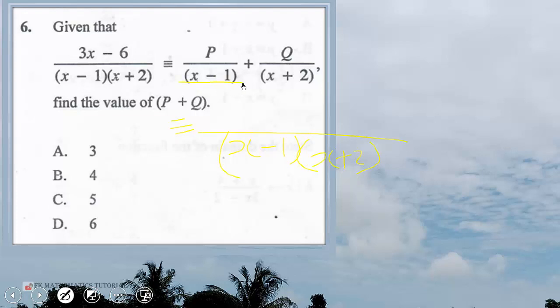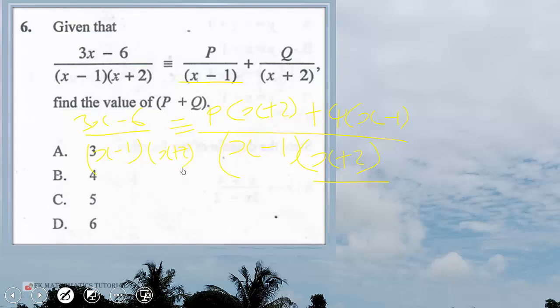So this comes here, we'll get rid of this, we are left with x plus 2 times this. So p into bracket x plus 2, then plus q into bracket x minus 1 is equivalent to 3x minus 6 all over x minus 1 x plus 2.